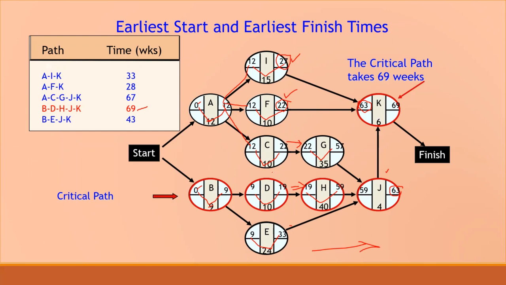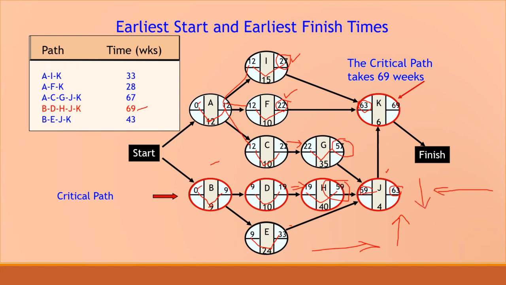So from 27, 22, and 63, we got 63. Like that, here we have two values, 57 and 59. We took 59 because it is the highest value. So while going forward, we will take the highest value, and while coming backward, we will take the lowest value.